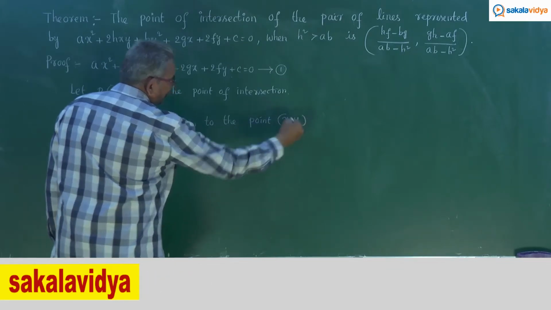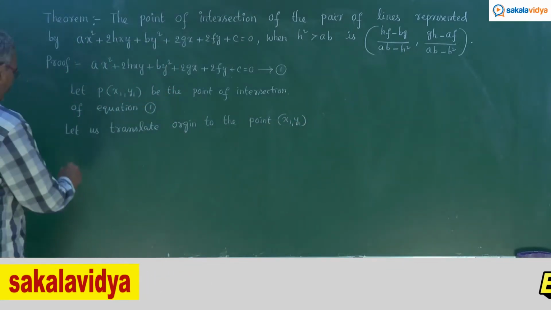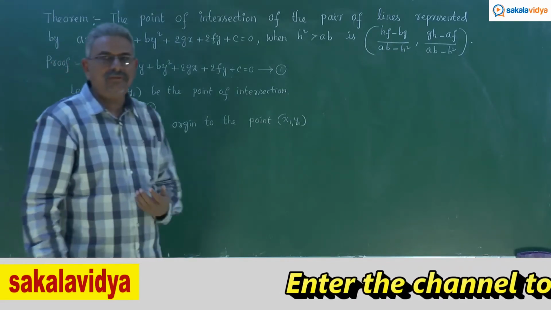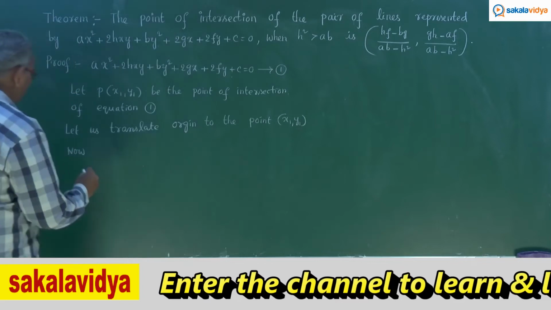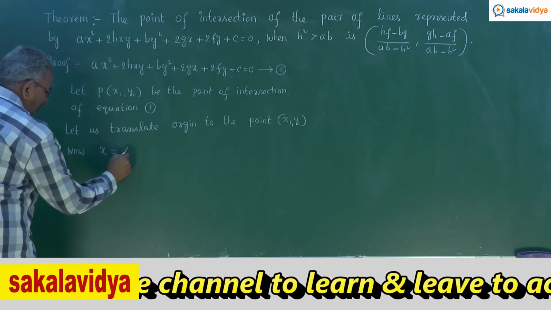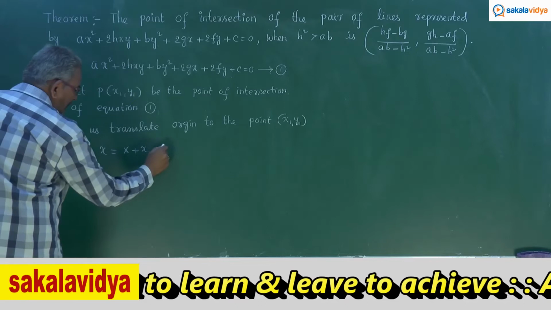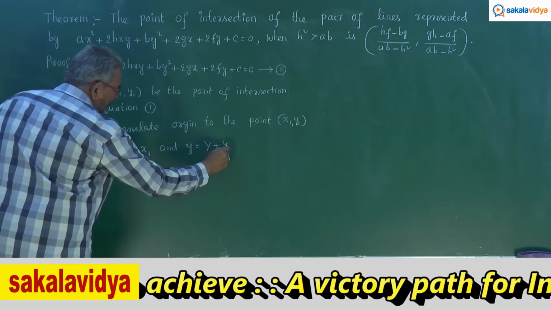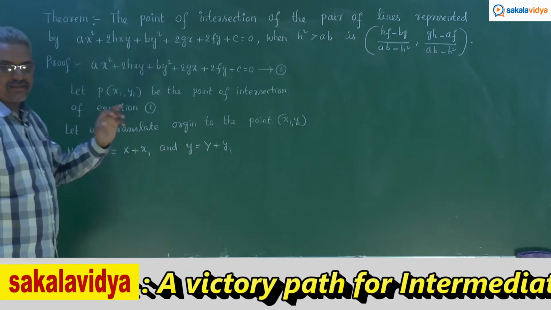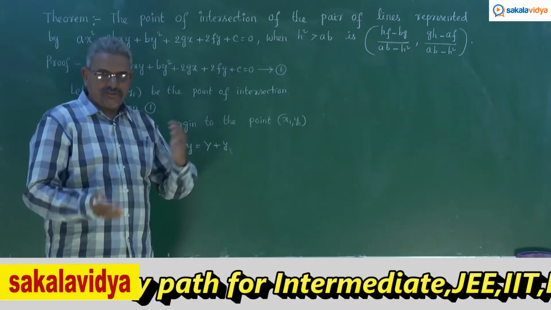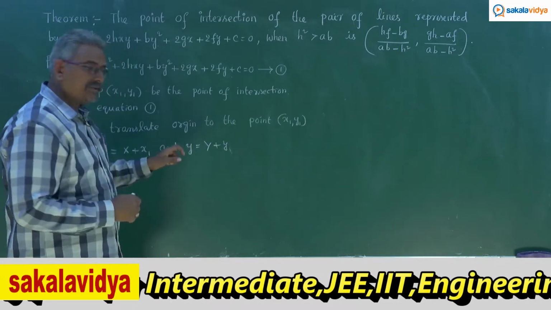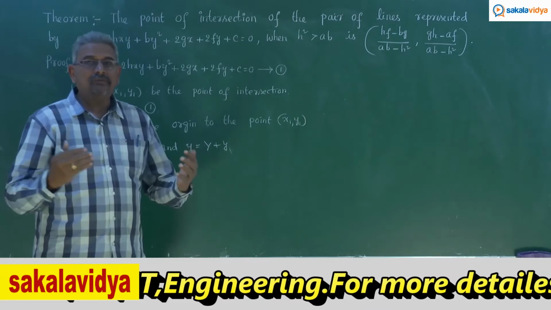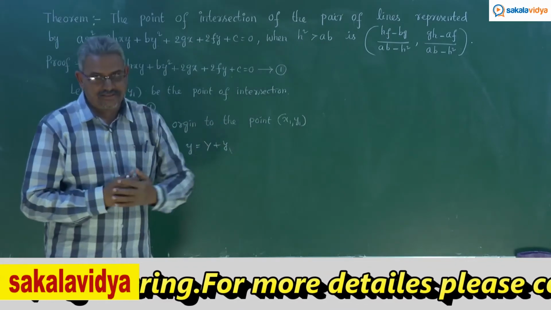Now the equations of transformation become like this: small x is equal to capital X plus x1, and small y becomes capital Y plus y1. That means x comma y are the original coordinates, capital X comma capital Y are the new coordinates, whereas x1 comma y1 is the new origin. Already we have discussed this in transformation of axes.